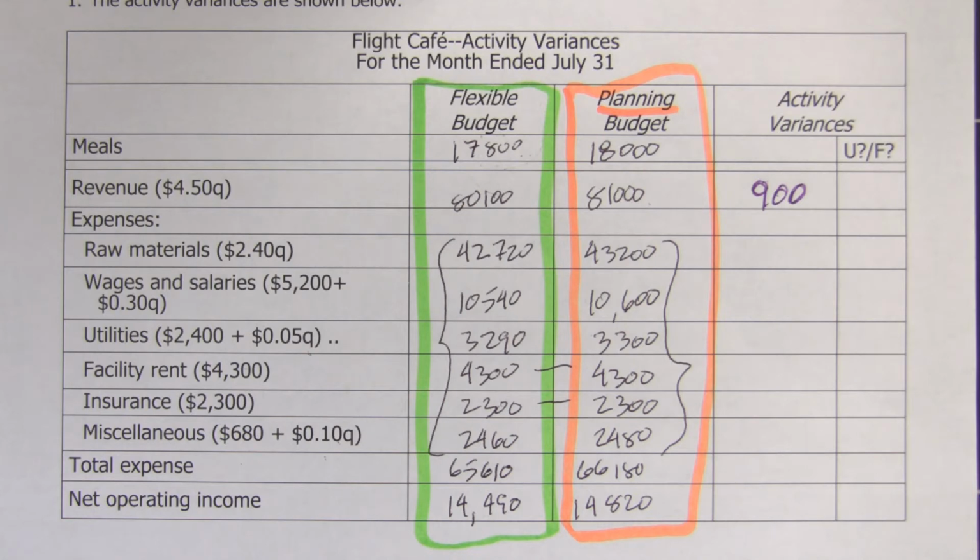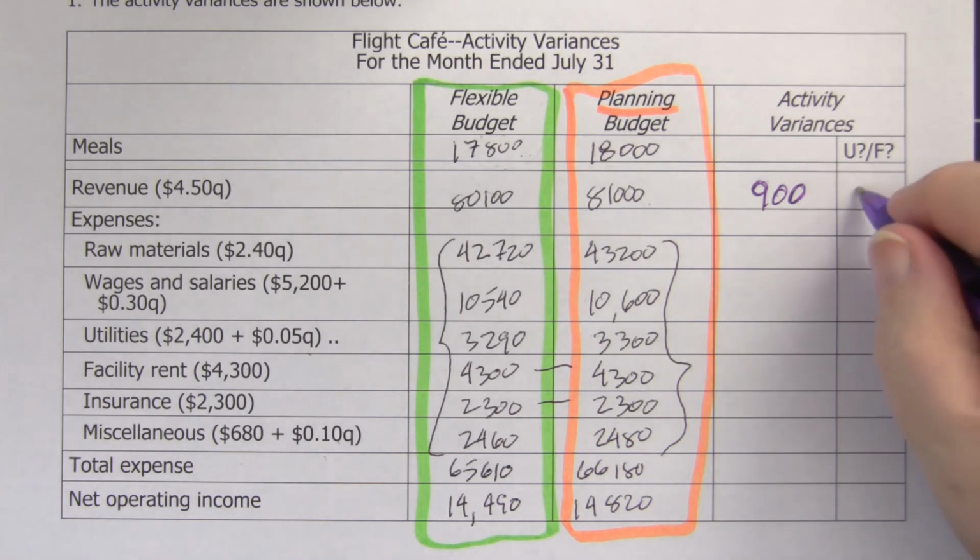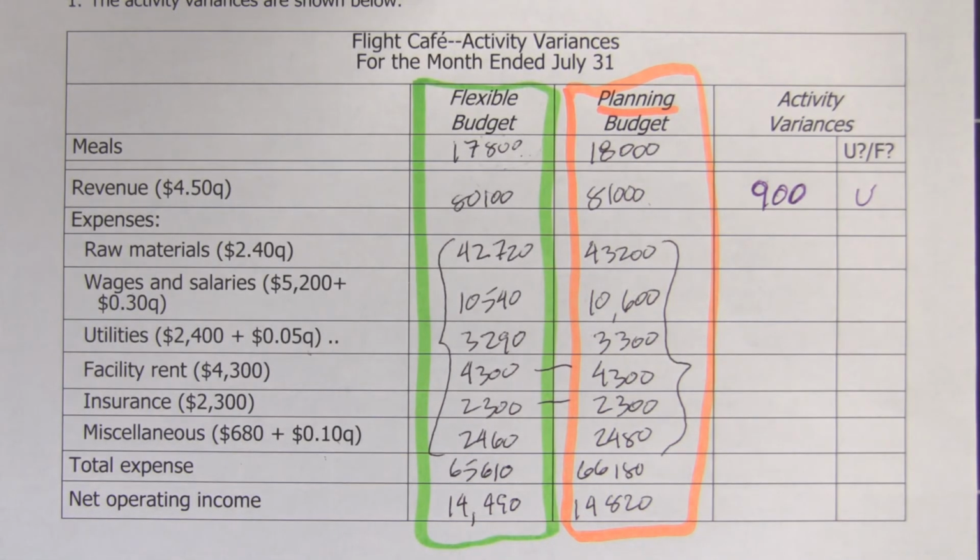All you need to ask yourself is, when I tell my boss this number, will she be happy or unhappy? Hey Mary, we made $900 less this month. Is that going to make her happy or unhappy? Unhappy. It's an unfavorable variance.